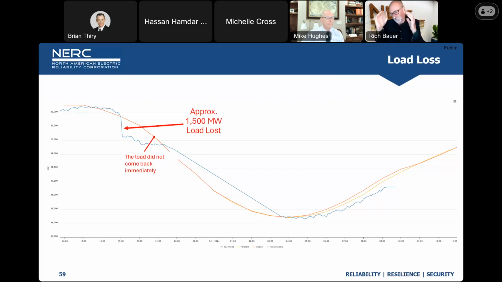So the mental model that I had of how the load would respond didn't happen in this case. Because if you look at the blue chart there, that load was gone for 3, 4, 5, maybe even 6 hours before it came back to its pre-disturbance load levels.